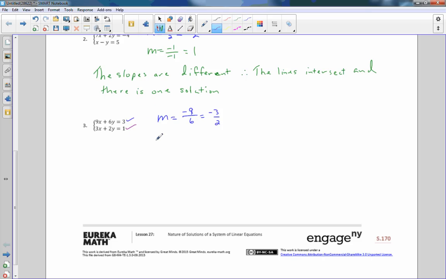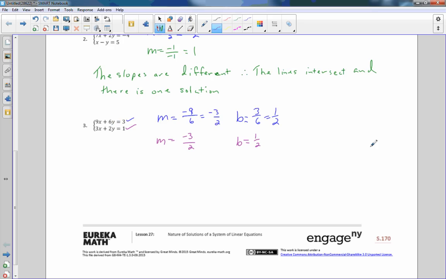This one here, the slope is negative a over b, which is negative 3/2 as well, and obviously they're the same. And if I continue on and verify that these lines are not equal and sitting on top of each other, in other words, coincide, then I need to do my c over b, which is 3 over 6, which is 1/2, the y-intercept of the first one. And in the other one, my c over b is 1/2.